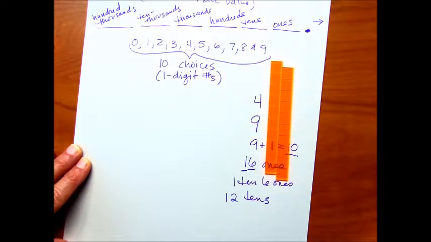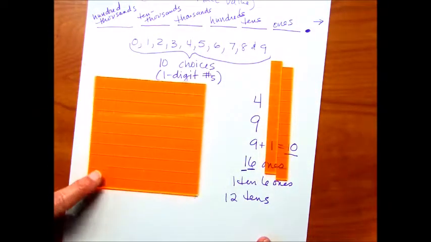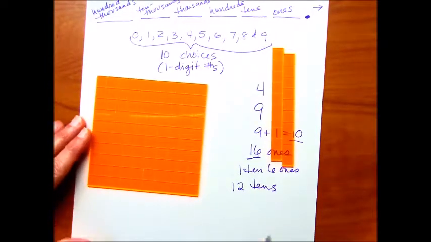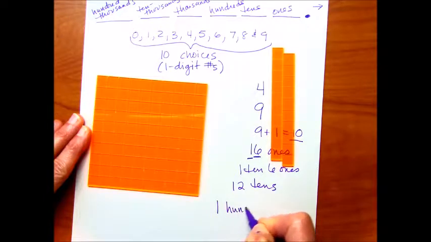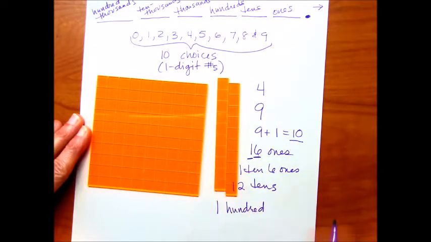So if I take away 10 tens and trade that for this, which is called a flat, for 100, that's going to take the place of my 10 tens, and then what's left are my 2 tens.